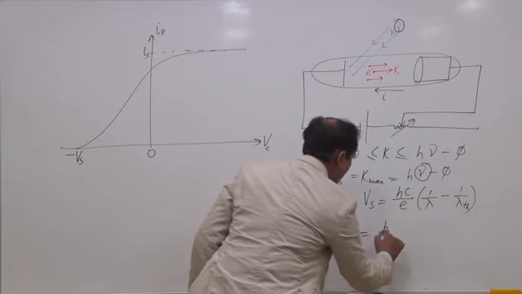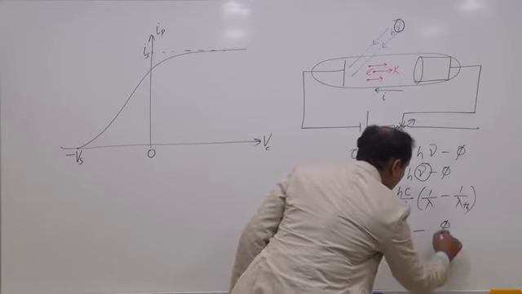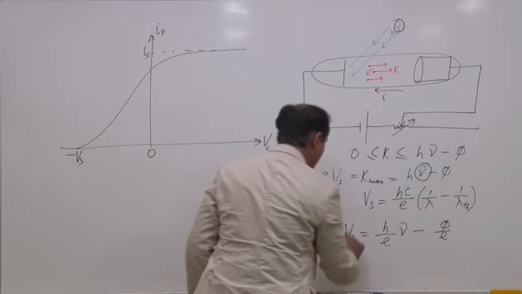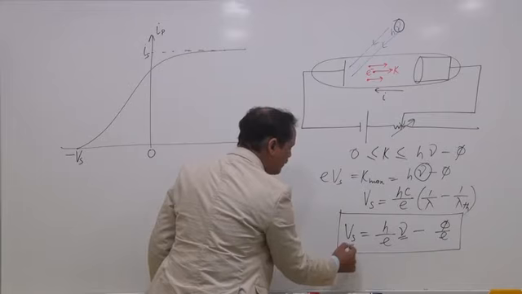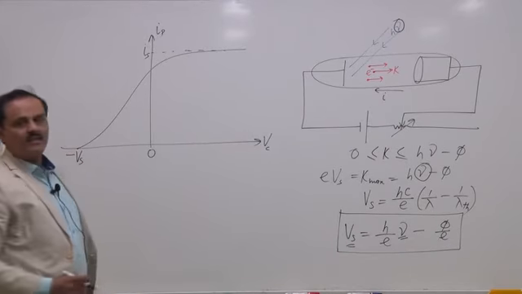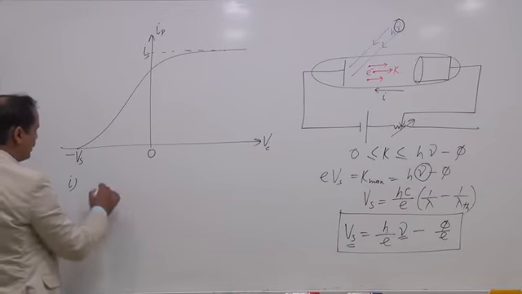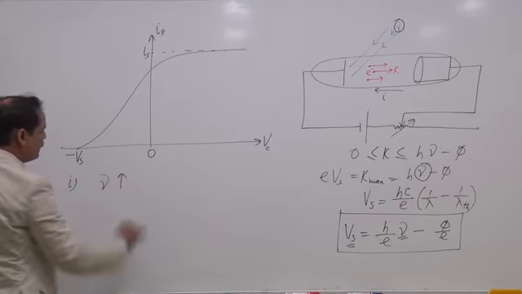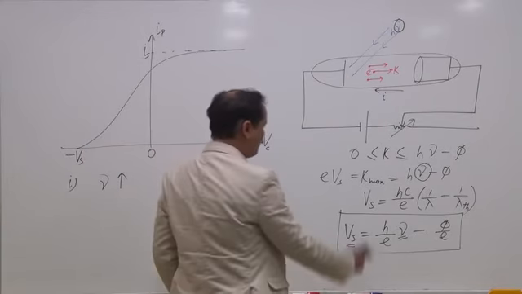Vs is equal to h by e nu minus phi by e. So, with change in frequency, stopping potential changes. So, the first case we are considering is frequency of incident photons being increased. So, what will happen?